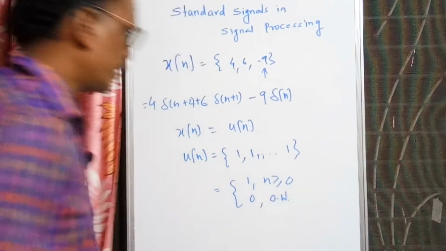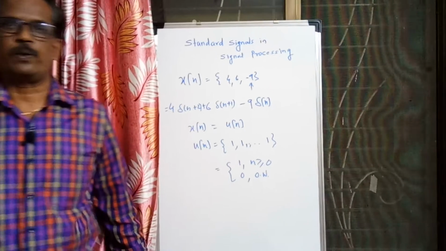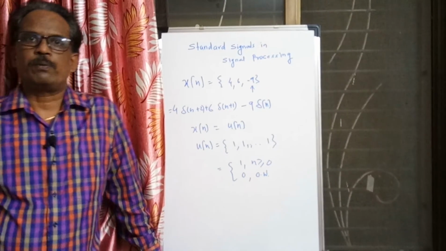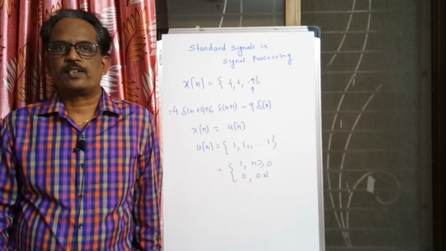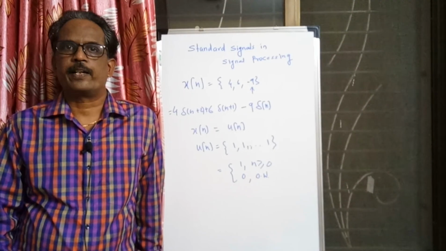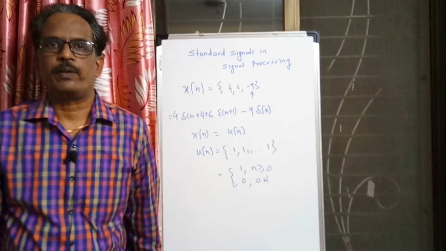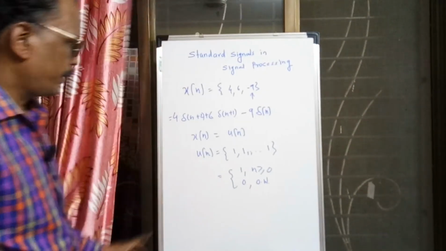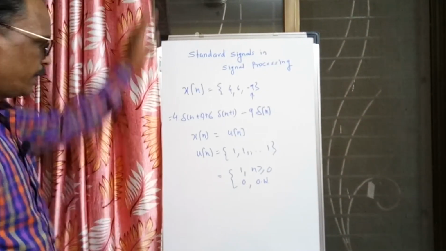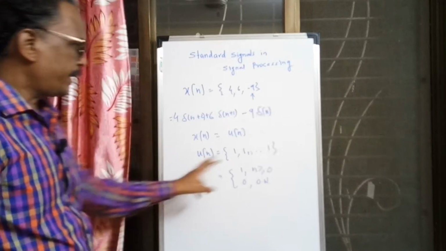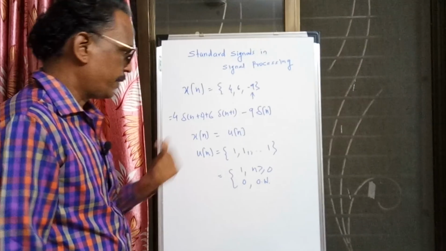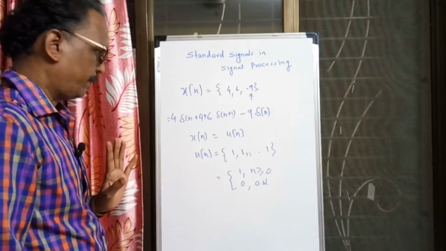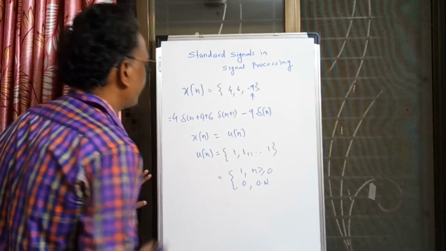So it is a causal sequence starting from 0 and ending at infinity, having amplitude 1, 1, 1. In sequence form, it has infinite samples, and each sample has value 1. So this is the unit step sequence.